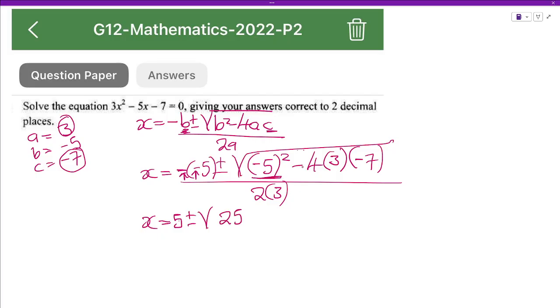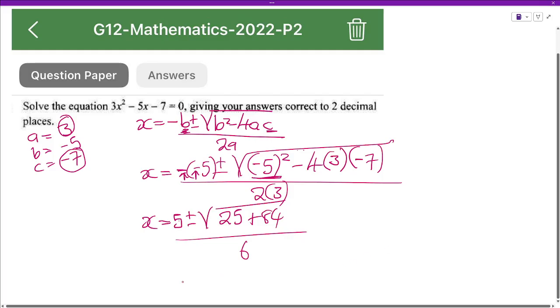And then -4 times 3 times -7. Let me punch that. So -4, open bracket 3 close bracket, open bracket -7 close bracket, that gives me +84. Okay, and then everything over 6, because 2 times 3 gives us a 6.